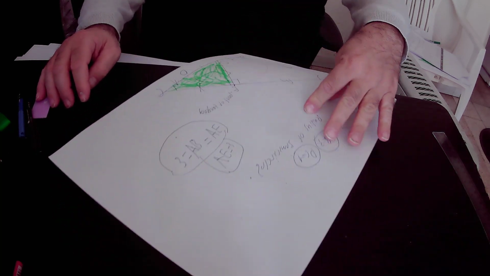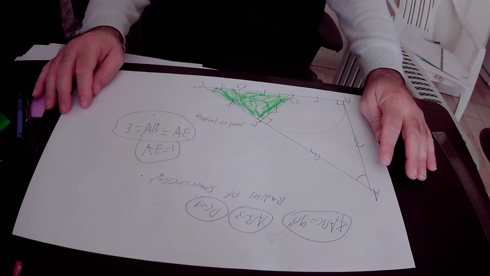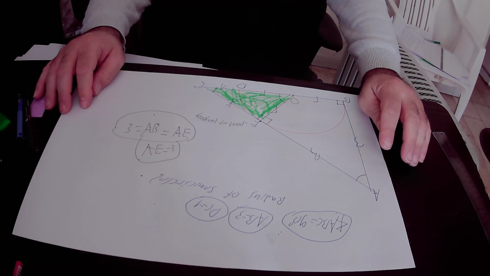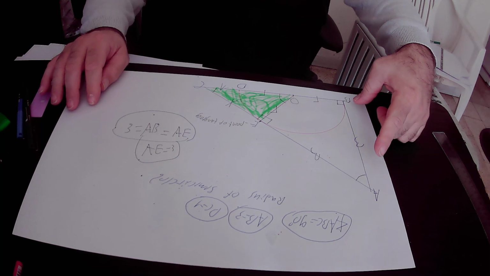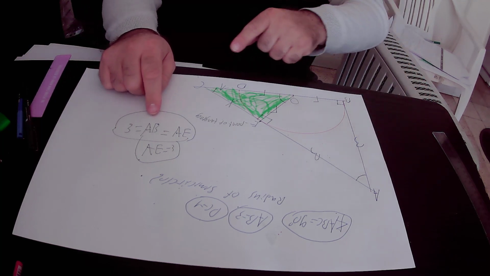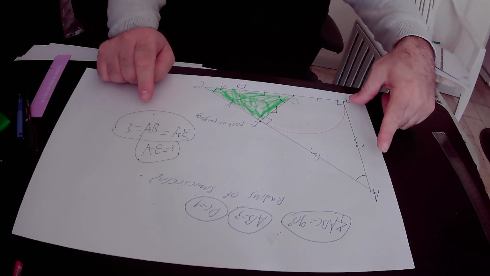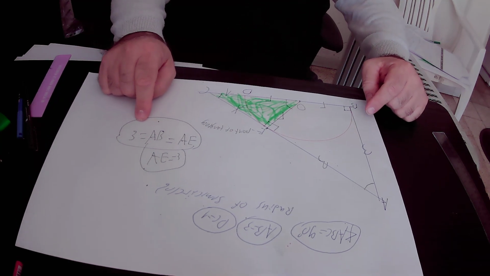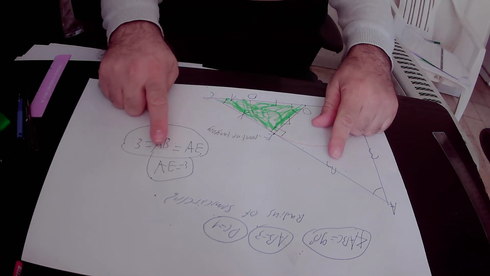And according to rule number 1, or the 2 tangents theorem, the lengths of those 2 tangents are equal to each other. That is to say AB equals AE. Okay? But we know that AB equals 3 units. Therefore, from this equality we will derive that AE also equals 3 units.